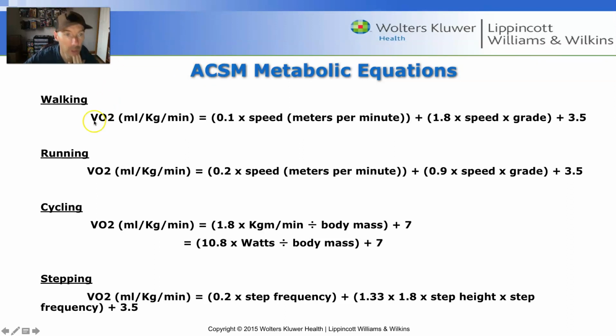So for example, if we look at the walking equation, if we knew the speed the person was walking at and the percent grade they were walking at, we could calculate what their energy expenditure is during that activity, okay? Same thing with running. The equation looks very similar. All we need to know is the speed and the percent grade.